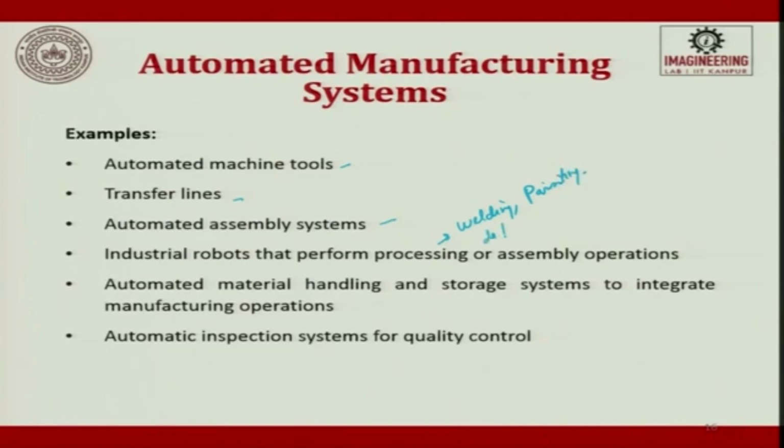Today it also does defect identification, or assembly operation where robot is used for assembly operations. The automated material handling and storage system to integrate manufacturing operation. Material handling, automated material handling and storage system.